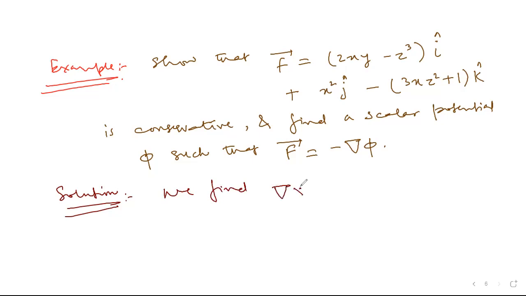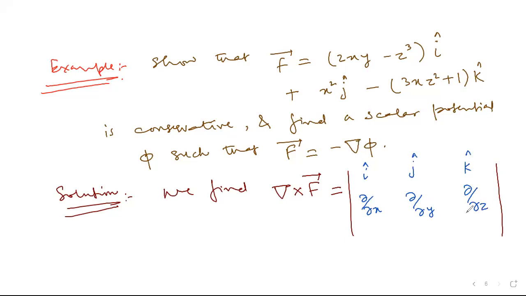So we find curl of F. How do we do that? We evaluate this determinant. Our determinant is i cap, j cap, k cap, then dou by dou x, dou by dou y, dou by dou z.